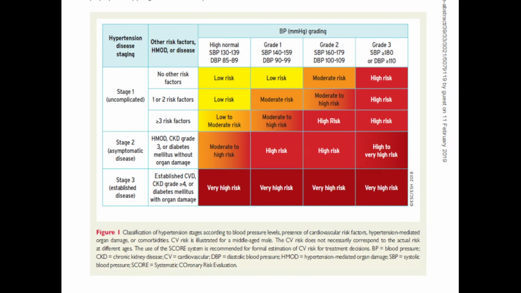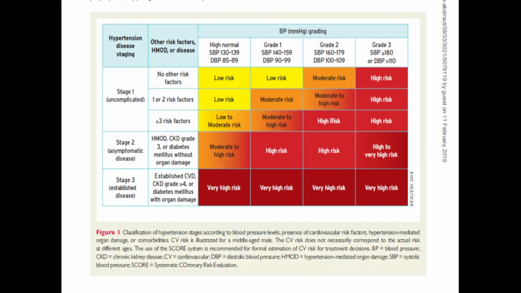In grade 1 arterial hypertension, low risk occurs if no risk factors, moderate risk if 1 or 2 risk factors, and moderate or high risk if we reveal more than 3 risk factors.